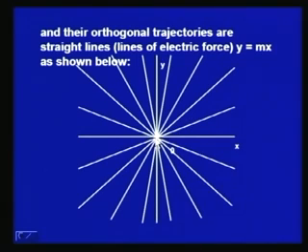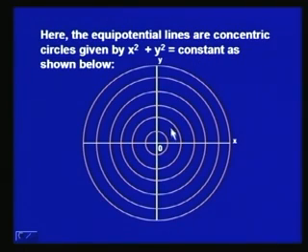You can see in this figure that the electric lines are lines of force, that is the straight lines given by y = mx are the lines which pass through the origin. So they are the lines of electric force, and they happen to be the orthogonal trajectories of the concentric circles which are shown in this picture.